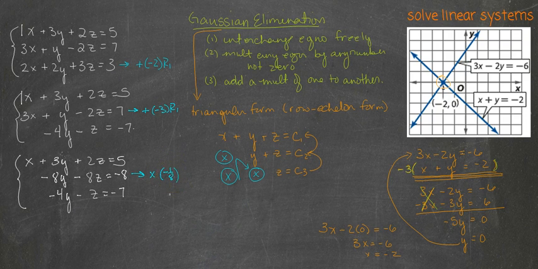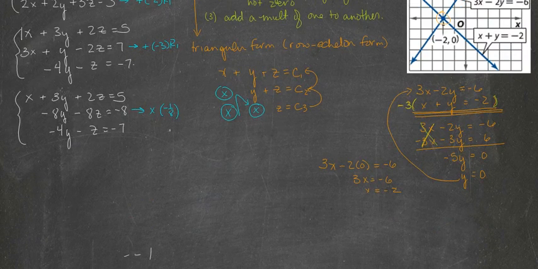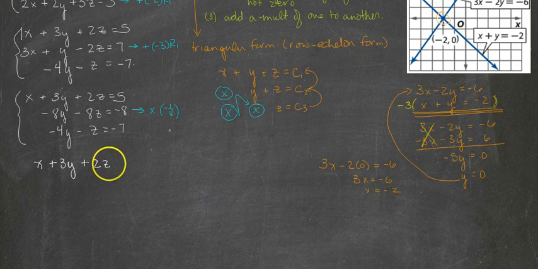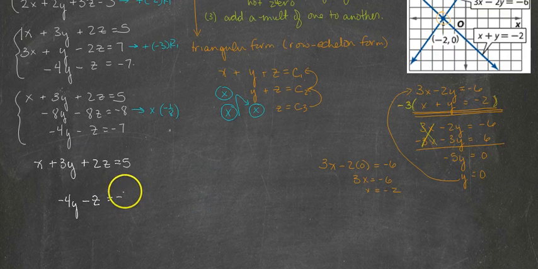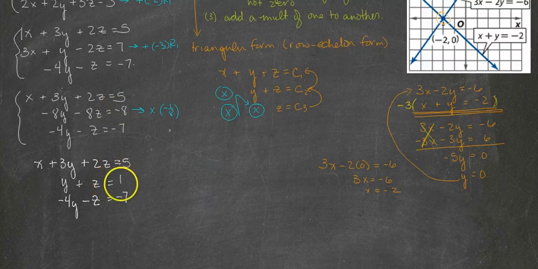Okay, so let's write the rows we're not going to change first. Oh, you can see I had an earlier effort. So I have x plus 3y plus 2z equals 5. I'm not changing that row. And negative 4y minus z equals negative 7. The row I'm going to change, I'm going to multiply by negative 1/8. So I'm going to get a positive y, a positive z, and a positive 1.